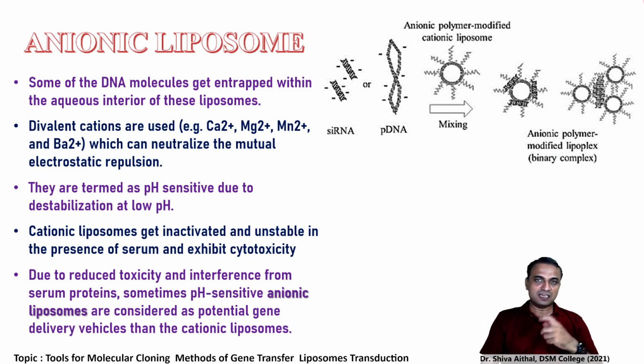It means when they are injected in gene therapy, there are some toxic effects on the human body. So to overcome these factors, the anionic liposomes are used because they have reduced toxicity, they have less interference with the serum proteins, and they are considered as potential delivery vehicles as compared to the cationic liposomes.